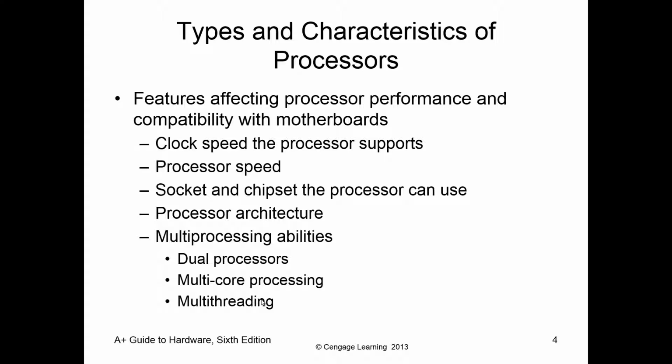Lastly is a technique called multi-threading, which is having one core do multiple tasks. So you can have multiple cores per processor, and each of those cores having hyper-threading. So instead of processing one task, they can do two tasks at once.